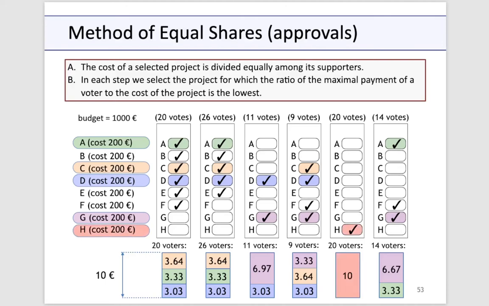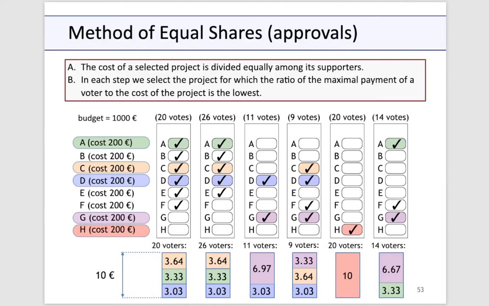In the last round, we select project H, and here observe that, for example, there exist other projects which received a higher number of votes. For example, project E received 46 votes, while project H received only 20 votes.